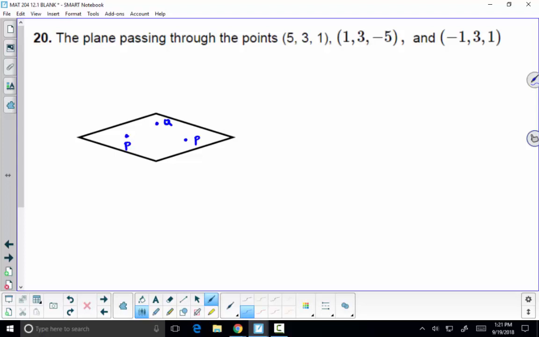What do you think we want to do to figure out what N is? Use cross product. So we're going to form 2 displacement vectors. Those displacement vectors will be in the plane. So we have several choices up here. We can displace those 2 guys and then those 2 guys. That would work. A couple other choices also.